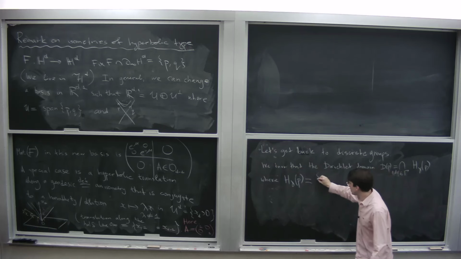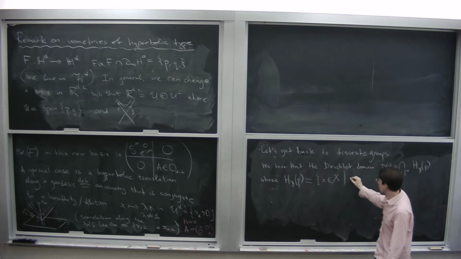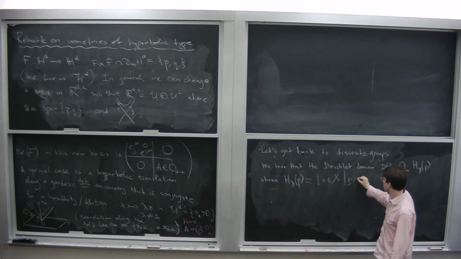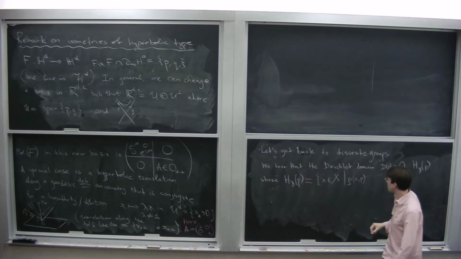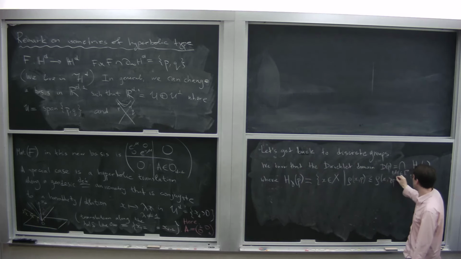It is defined as follows: the set of X such that the distance between X and P is less than or equal to the distance between X and gamma P.